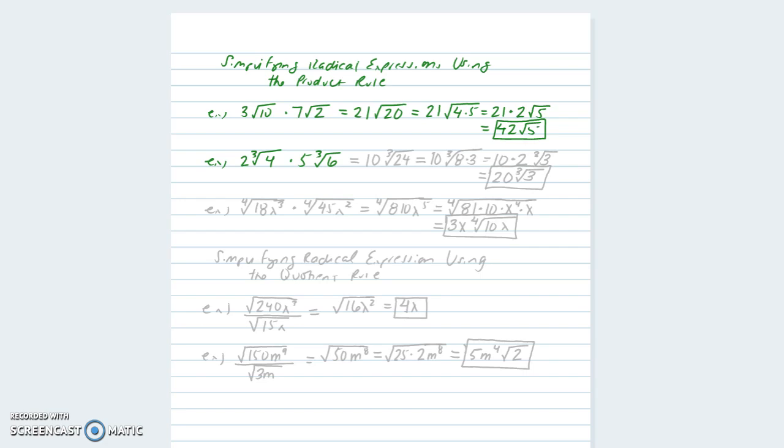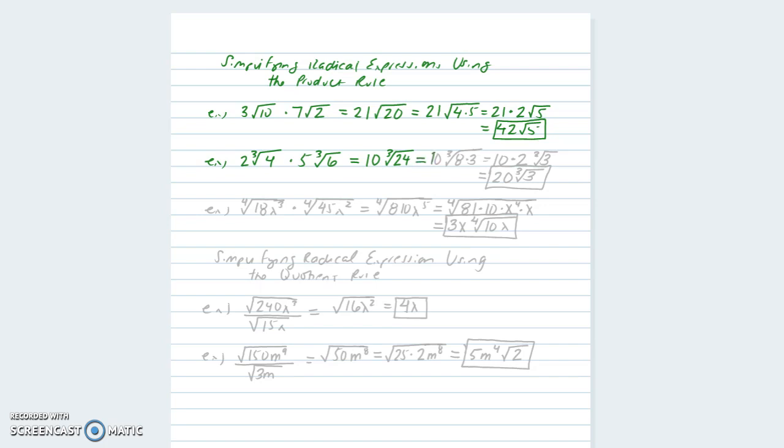And then multiplying what's inside the radical, 4 times 6, that's going to give us cube root 24. So 24 is not a perfect cube, so we need to break it down. What times what gives us 24, and what number has to be a perfect cube? Well, that happens to be 8. 8 times 3 is 24. So 10 cube root of 8 times 3.